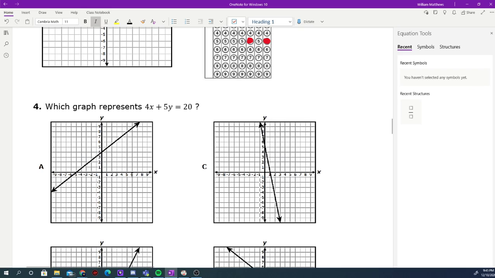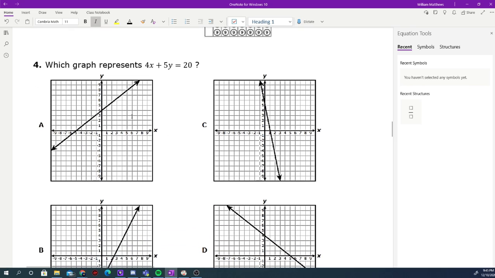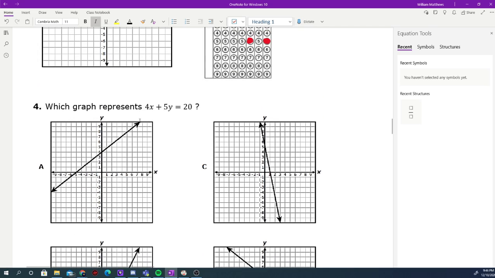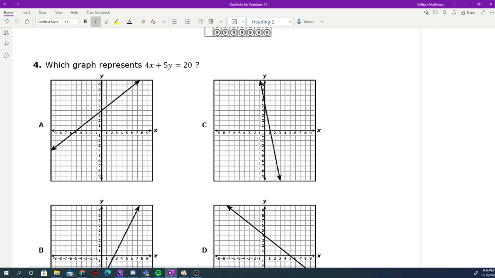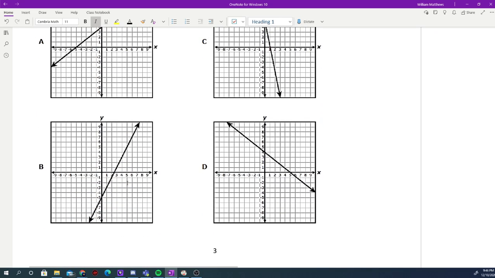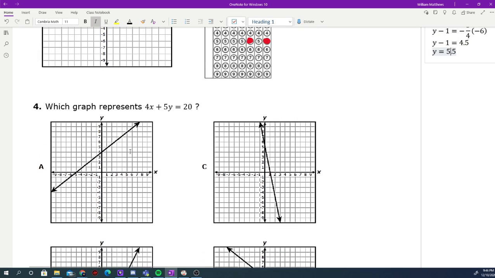Other formulas that you can use is the idea of when you are looking for which graph represents a given equation. Notice that all these lines cross through the x and y axis. So I can use the x and y intercept to help me out.